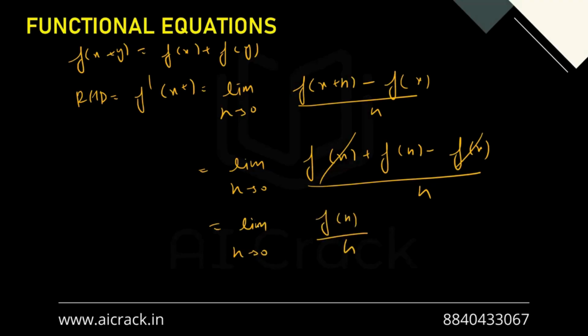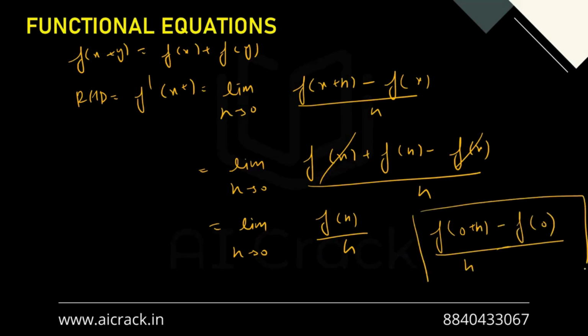Now understand one thing: when are we going to get an output from this limit? We are going to get an output from this limit only when fh by h turns out to be a standard limit, right? So this gives me an idea that I might write this as f of 0 plus h divided by h, and I somehow want f of 0 over here, so that this can turn out to be f dash 0 plus, right?